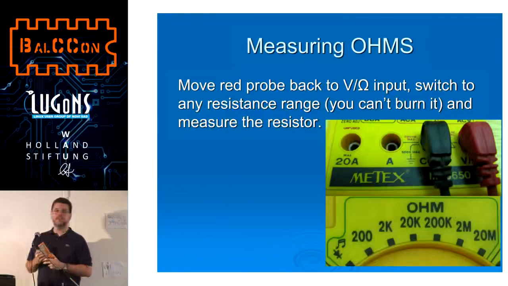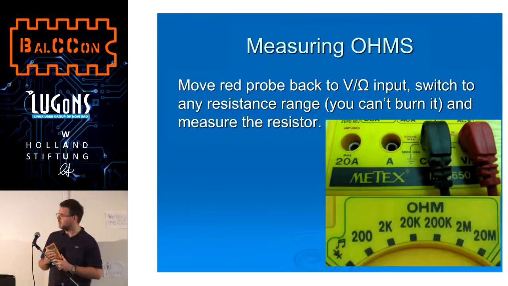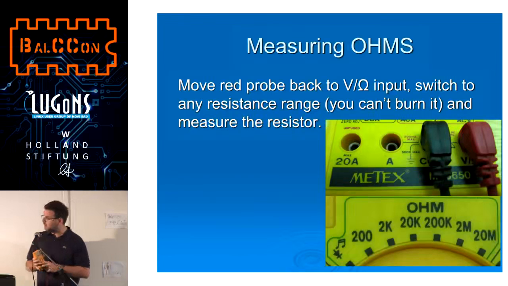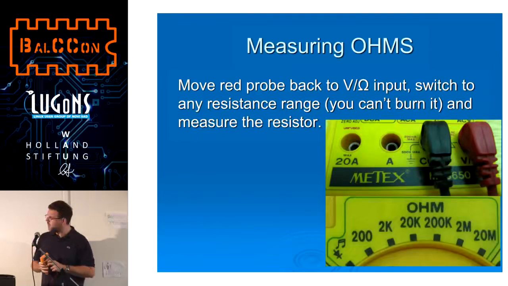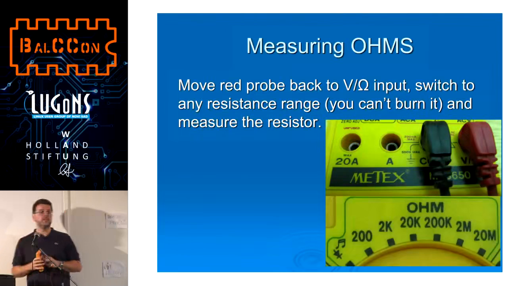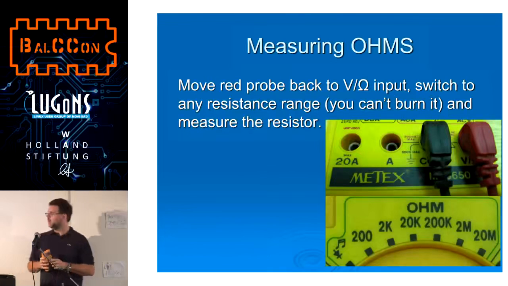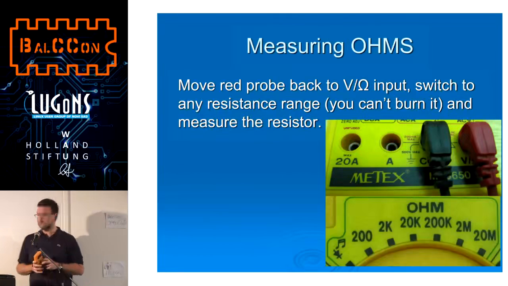You have 6 ranges, so you can measure a very wide range of resistances. 200 means you can measure up to 200 ohms. 20M means you can measure 20 megaohms. Can you measure 200 ohms on that largest range? Well, yes, but it won't be shown on your meter.